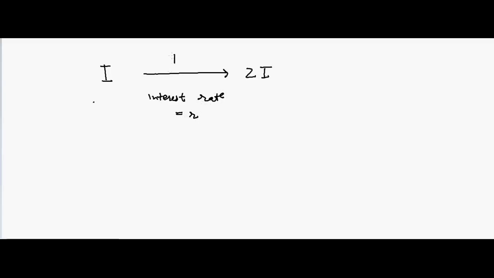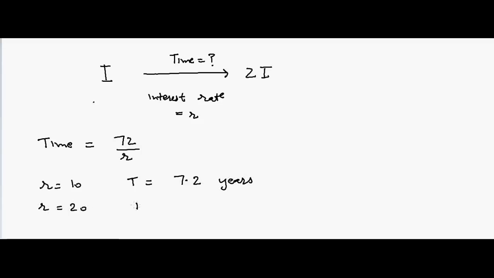So we want to know how much time it will take for this investment to become 2 times, and there are certain ways to calculate this, but if you use this trick, the approximate time can be calculated very easily, and the time will be equal to 72 divided by R. So for example, if the rate is 10, then time will be equal to 7.2 years. If the rate is 20, then time will be equal to 3.6 years.